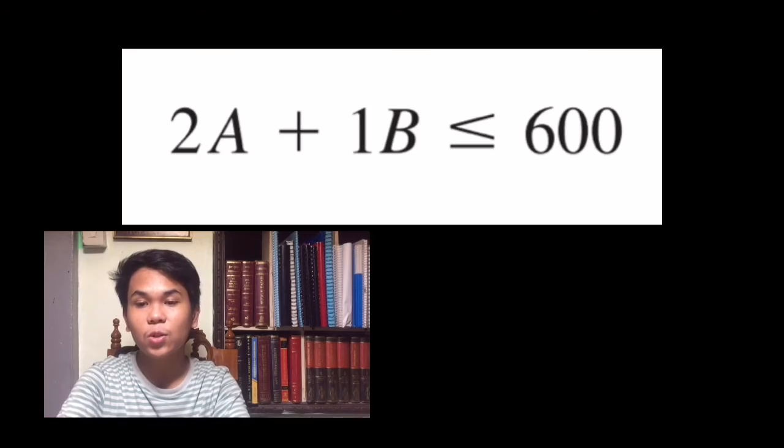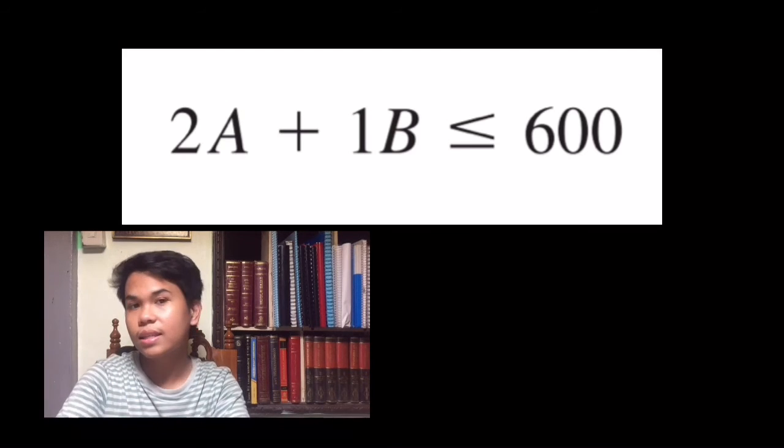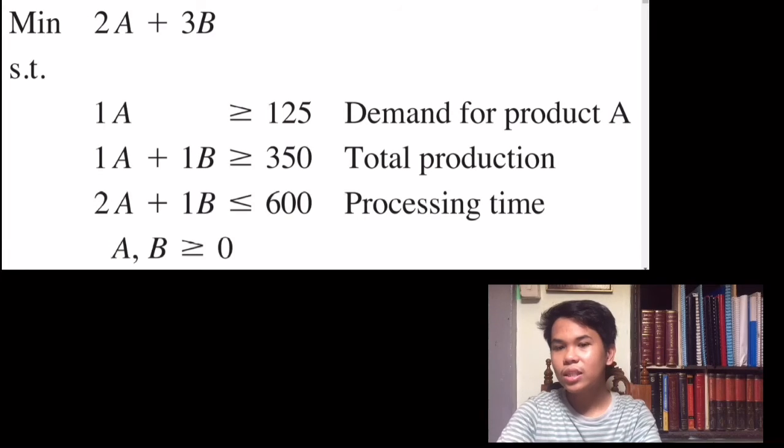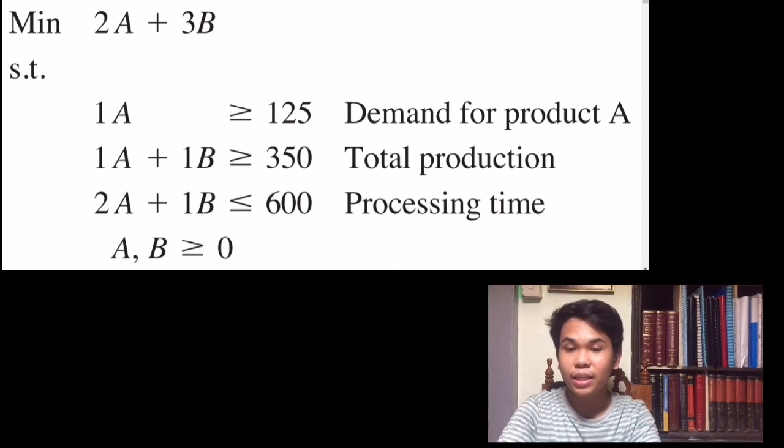And finally, we add the restriction 2A plus 1B is less than or equal to 600 for the processing time limit of 600 hours. We get the following linear program for the M&D chemicals problem after adding the non-negativity requirement: A, B is greater than or equal to 0.